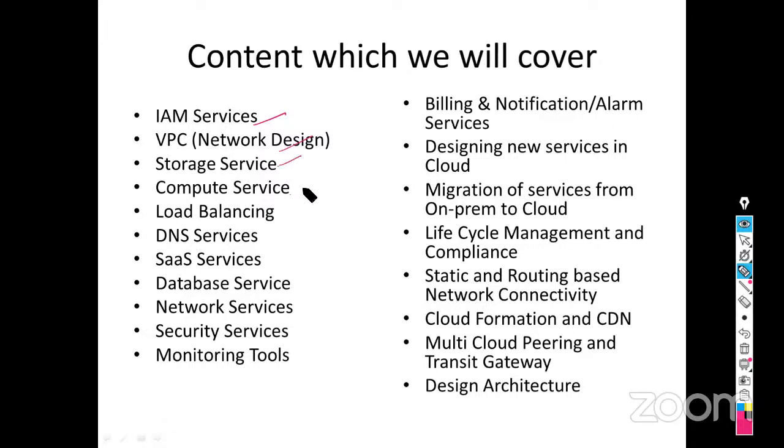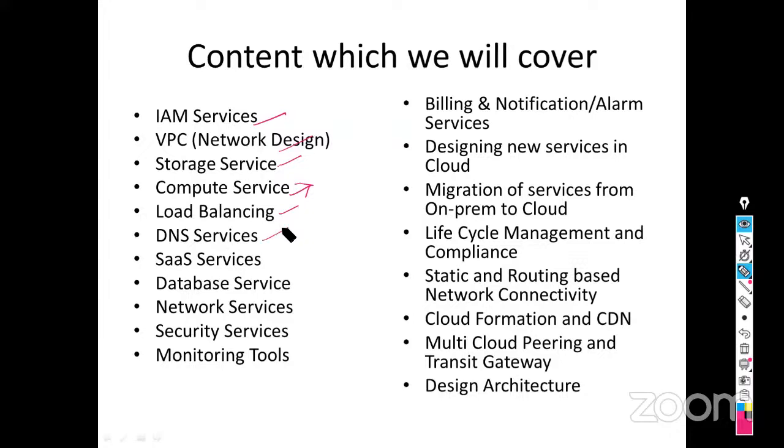Then what are the compute services, how we can deploy and launch services on servers, how we can publish services to the public environment if we need public IPs with elastic IPs. Similarly, we will cover load balancing, how many types of load balancing there are, and how we can manage load balancing through the service provider's load balancer.